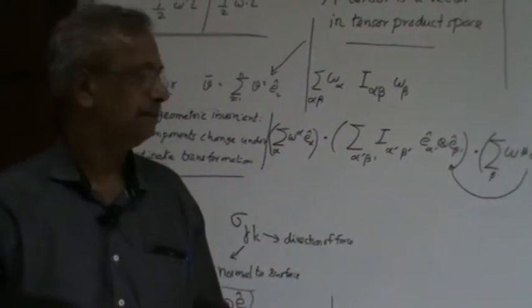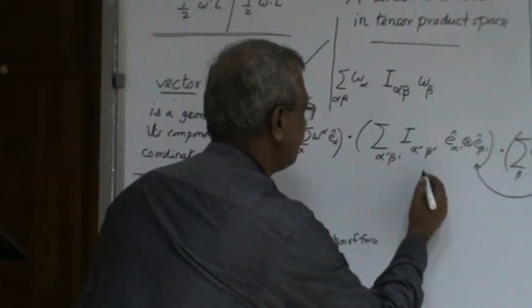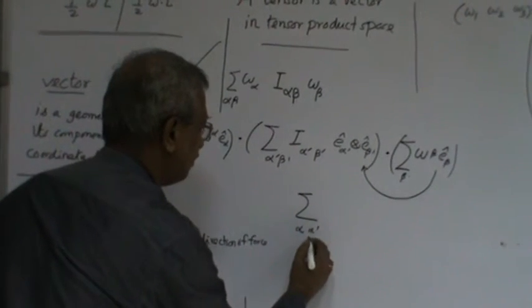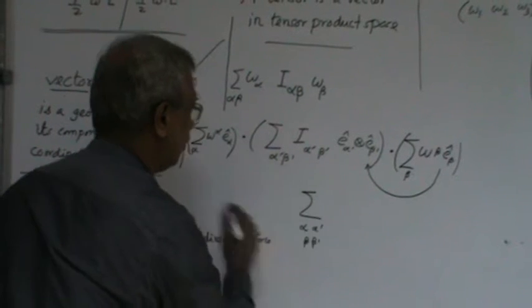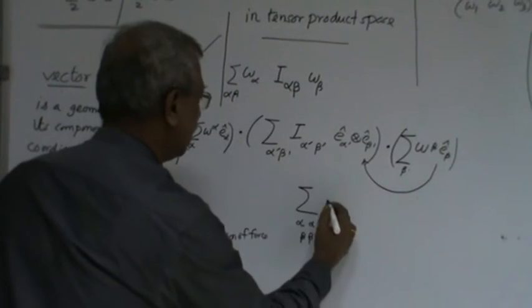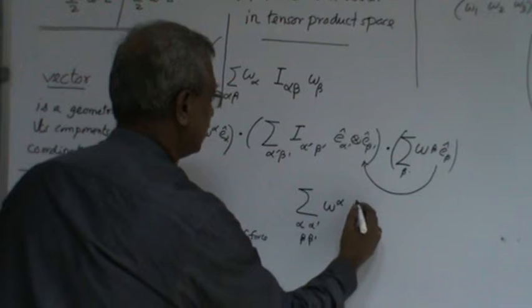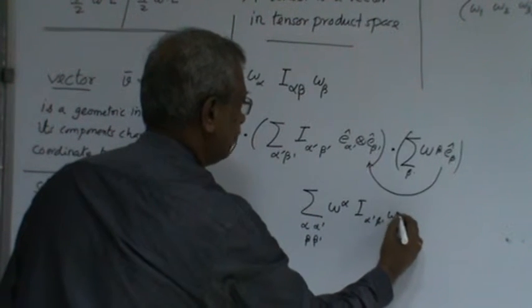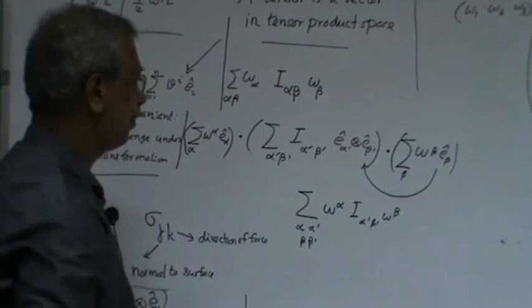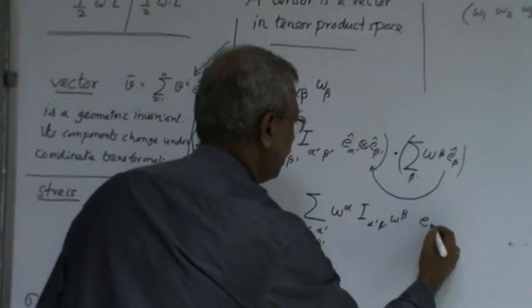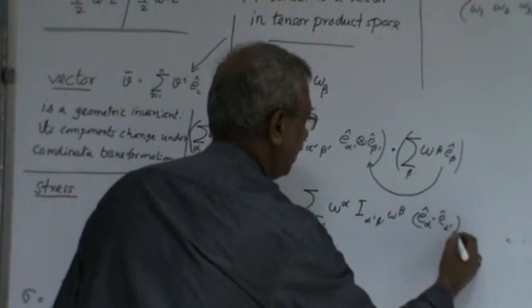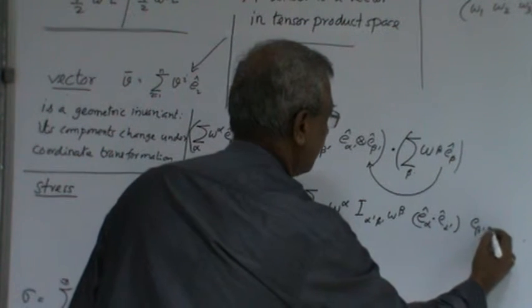Got it? So in that case, we can say this corresponds to many indices, alpha and alpha prime, beta and beta prime. All of them are indices. Omega alpha is a constant, I will write it like this. These are numbers. And here also there is an omega beta. And then you have got E alpha dotted with E alpha prime, and then E beta dotted with E beta prime.